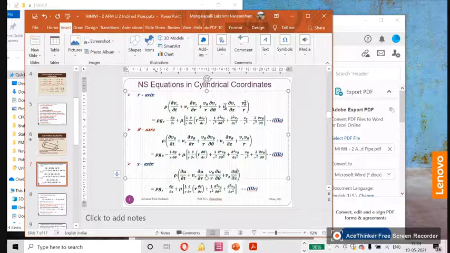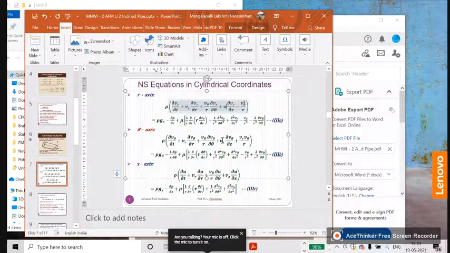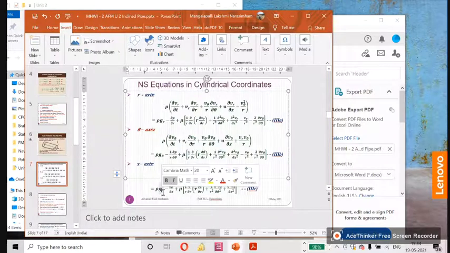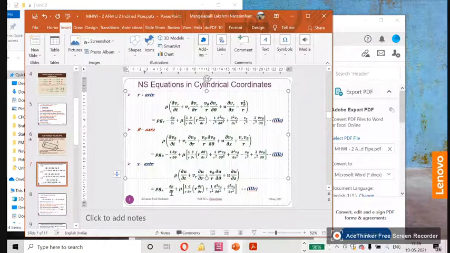Here, wherever Vz is there, I have to write U. So instead of z, I would write x.